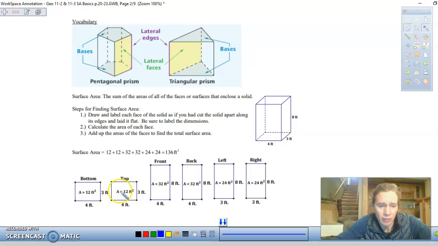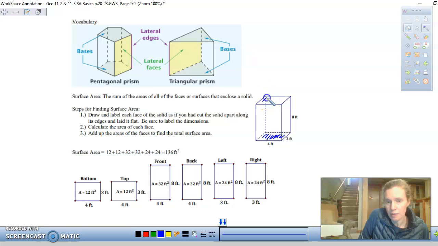Top and bottom should always be the same. But drawing all of the rectangles, you have the top and the bottom are both 4 by 3. So you could even shade that in, but this is the base 4 by 3, and this is a base which is also 4 by 3.